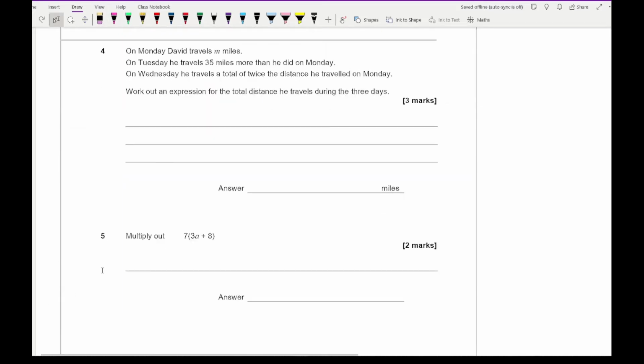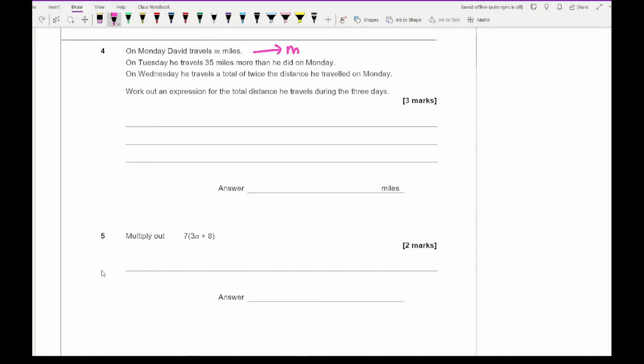For question 4, it says on Monday, David travels m miles. On Tuesday, he travels 35 miles more than he did on Monday. And on Wednesday, he travels twice the distance he travelled on Monday. Write down an expression for the total distance he travels during the 3 days. So again, with the 3 stages, you want to give them 3 separate expressions. The first one is m.